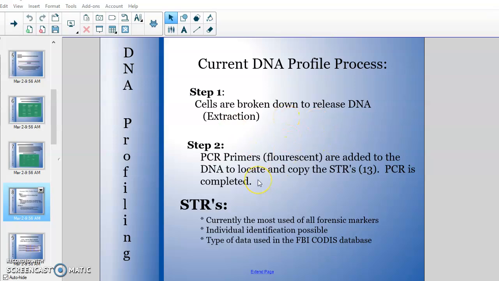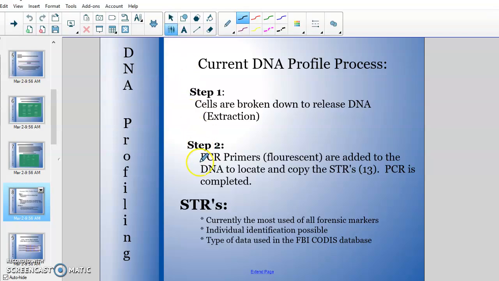Step two is similar, but instead of the DNA being cut with restriction enzymes, now what they do is they add a PCR primer, and we talked about the polymerase chain reaction being the reaction that allows for lots of DNA to be copied quickly, and we learned how that process works, and we know that primers have to be added to find the location in the DNA in which we want to copy.